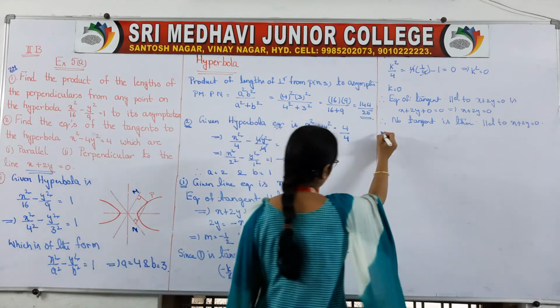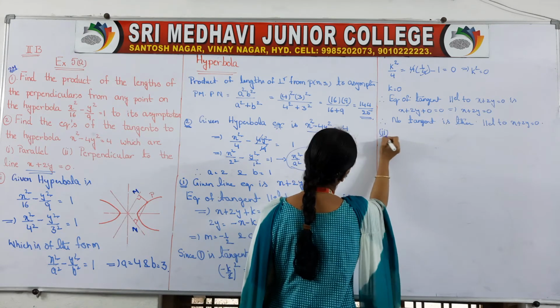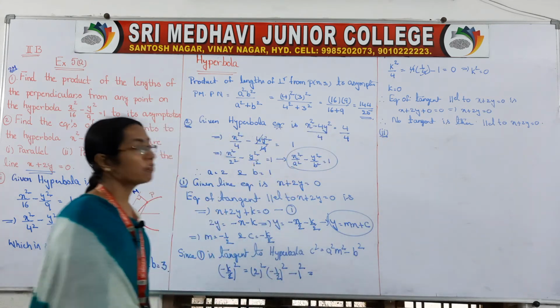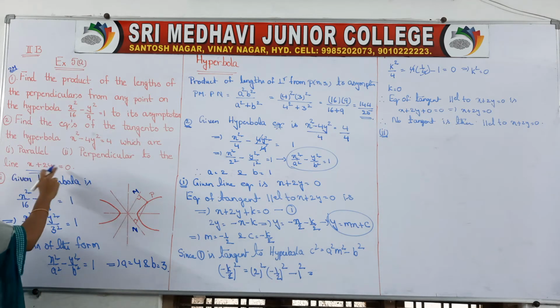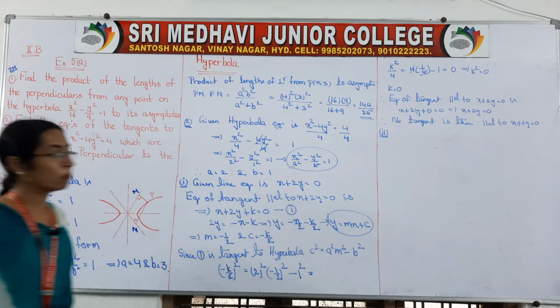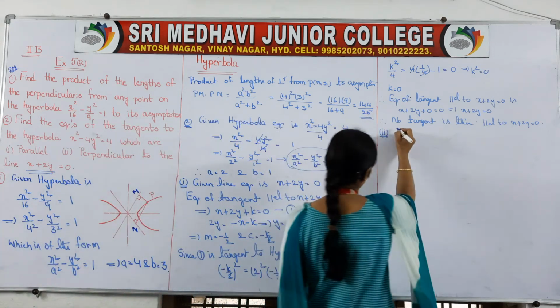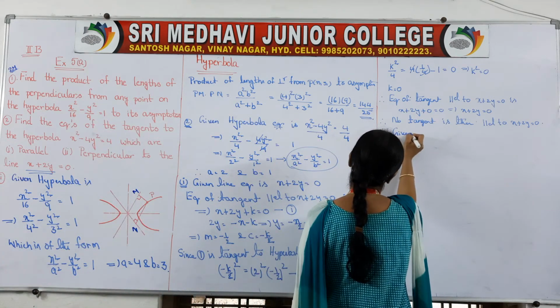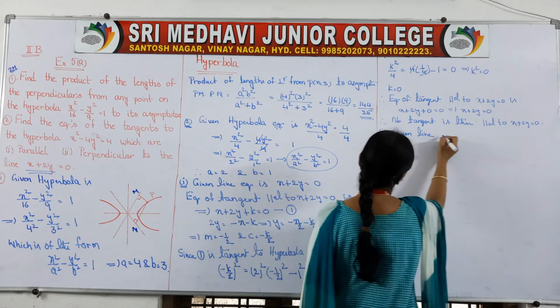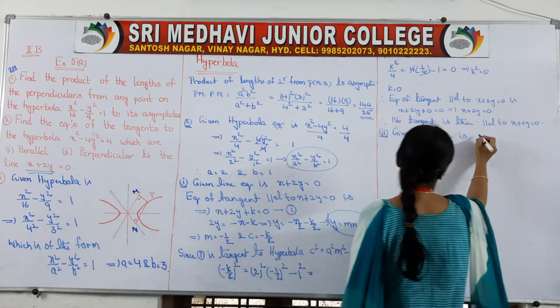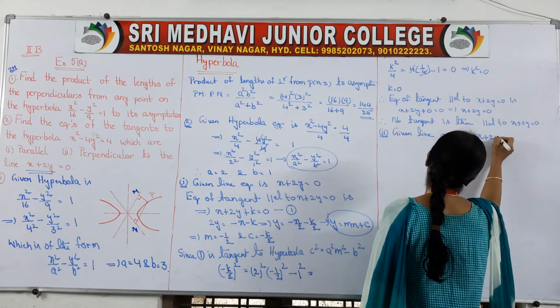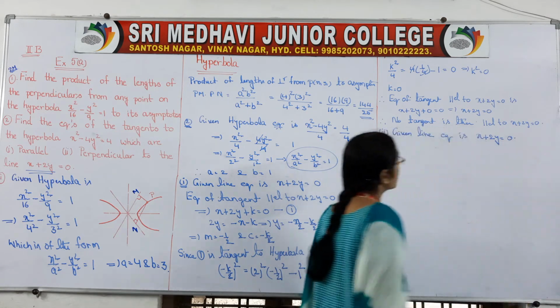Okay. So now come to the second one. We have to find the equation of the tangent perpendicular to x plus 2y is equal to 0. Okay. So first, the given line equation is x plus 2y is equal to 0.